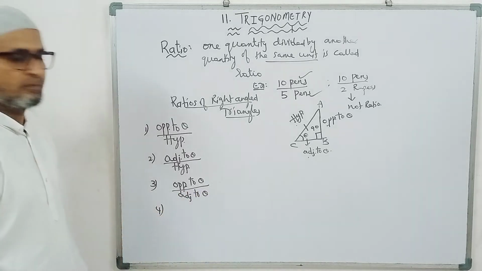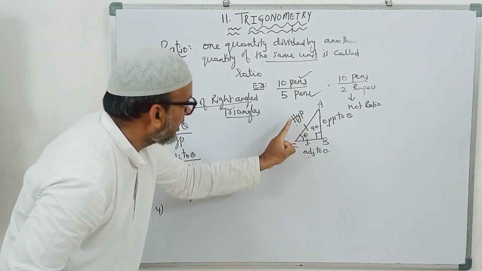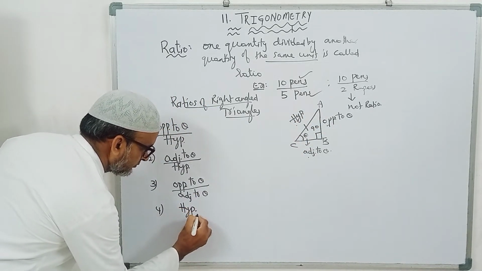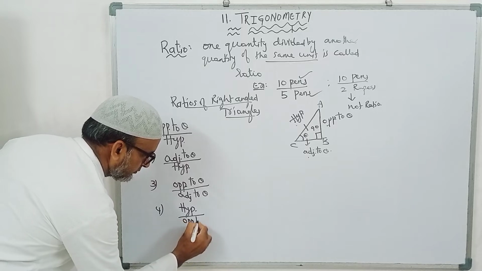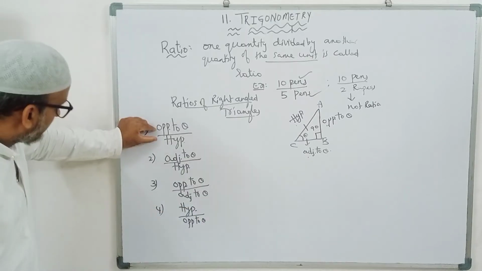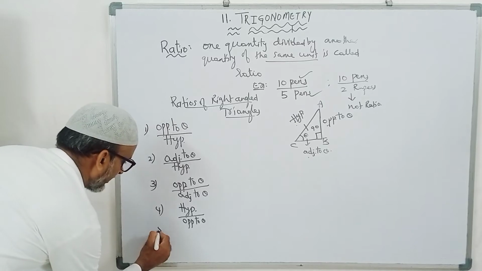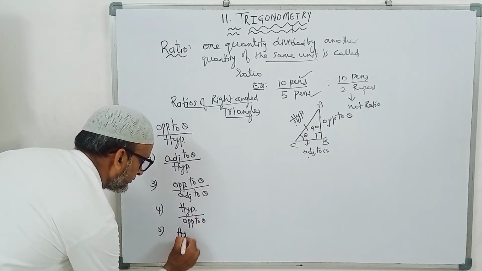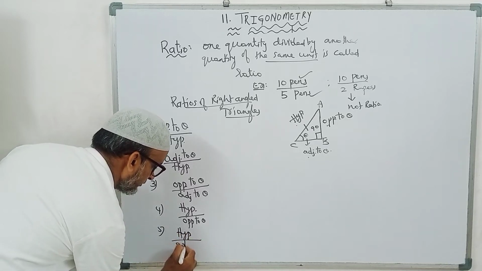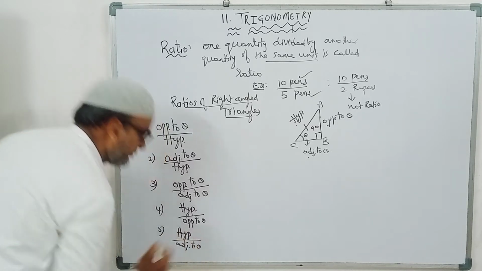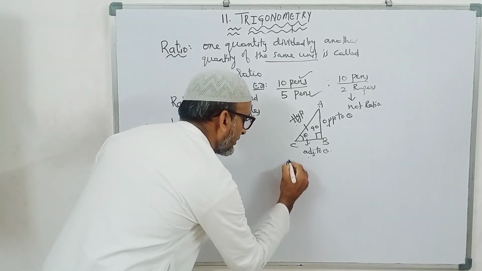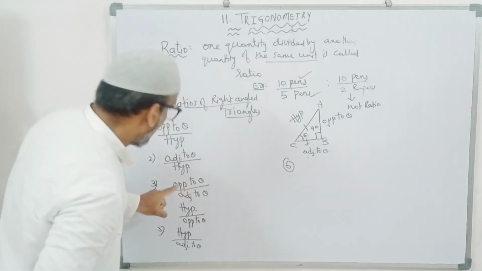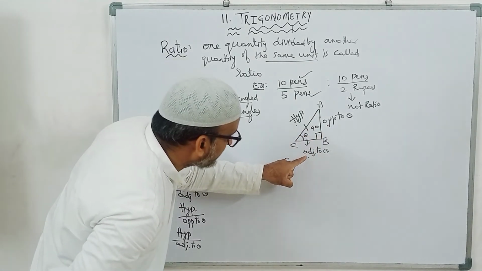Number 4, smaller to bigger you wrote. Again I am writing bigger to smaller, the reciprocal of this one. Fifth one, bigger to smaller. Number 6, smaller by smaller, opposite by adjacent, you wrote this one. This I am writing this by this.